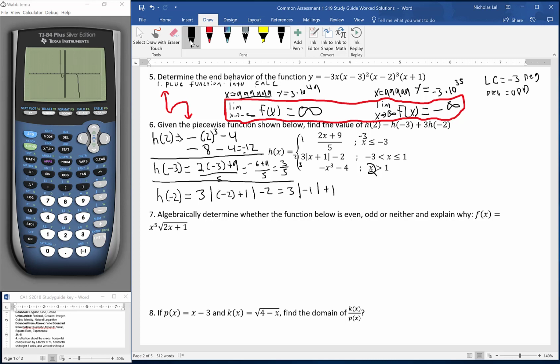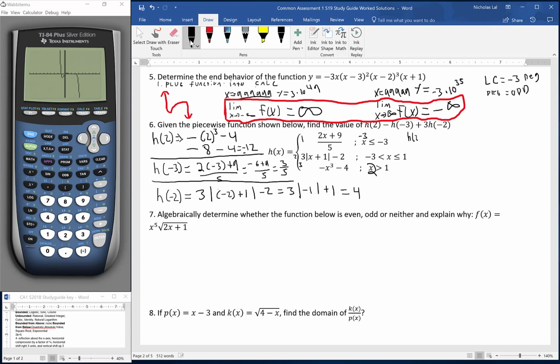The absolute value of negative 1 is the number's distance from 0, which is 1. So that becomes 3 times 1 plus 1, which is equal to 4. So now we have h of negative 2 is 4.